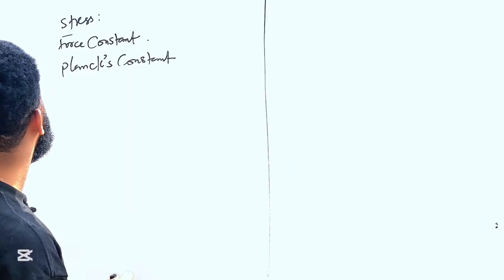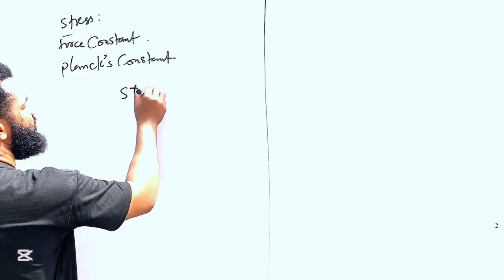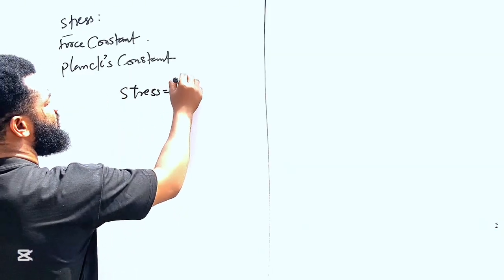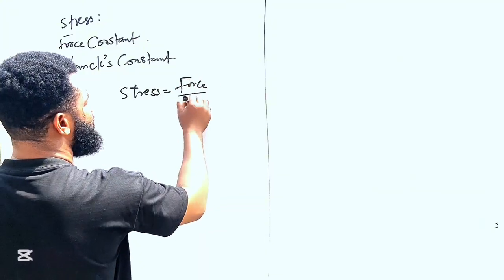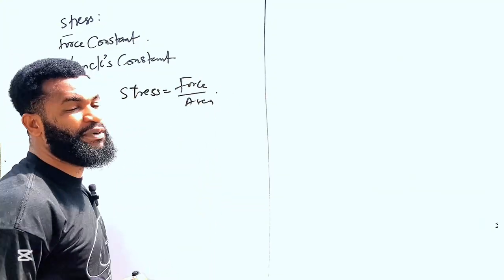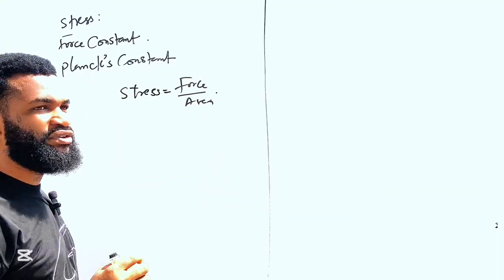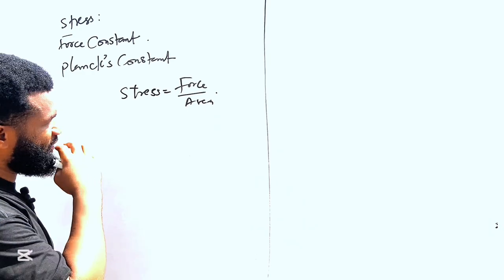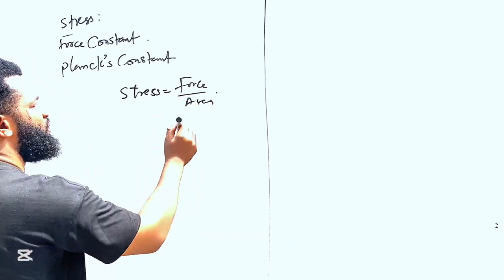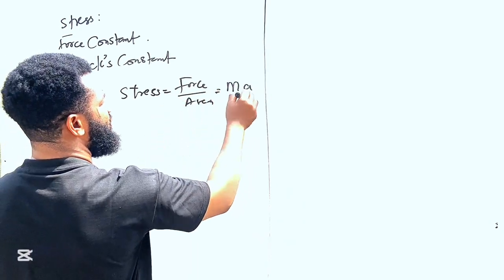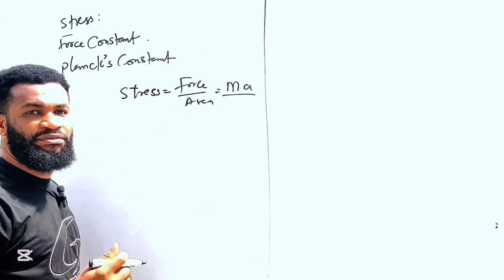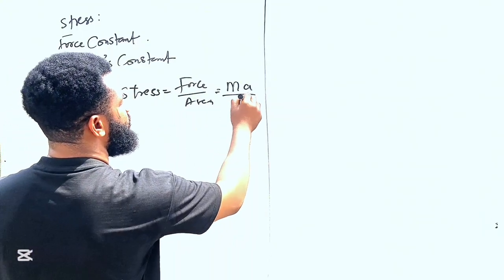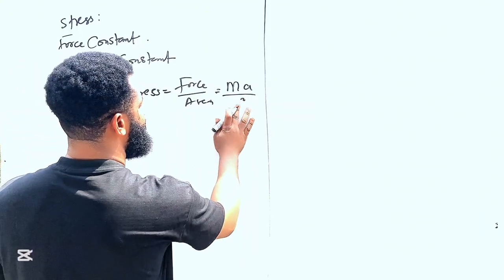So stress, when we talk about stress, is force per unit area. Force per unit area at a point on a surface is the stress. Therefore, what is force? Force is given as mass times acceleration, all over area. The formula for area is L squared, not meter squared.